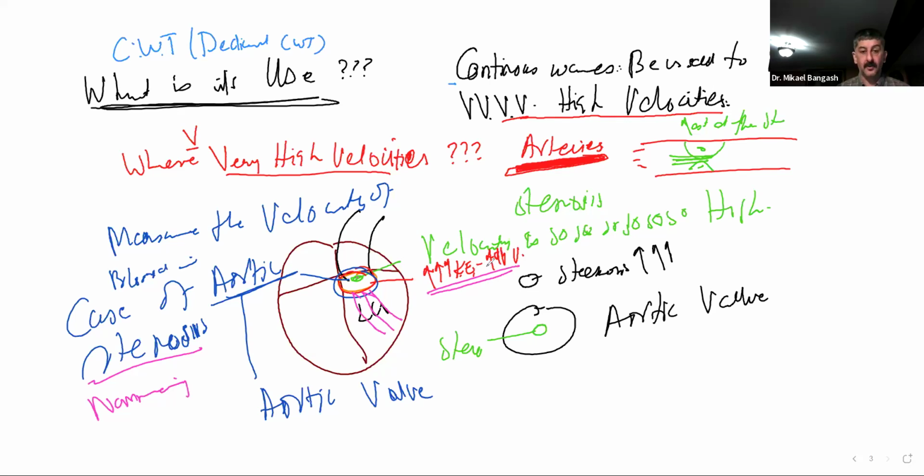Now this greater kinetic energy can be converted into a higher speed, a higher velocity, which gets even higher if that blood now has to flow against a stenosis.